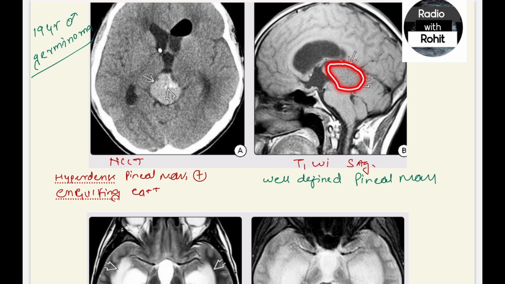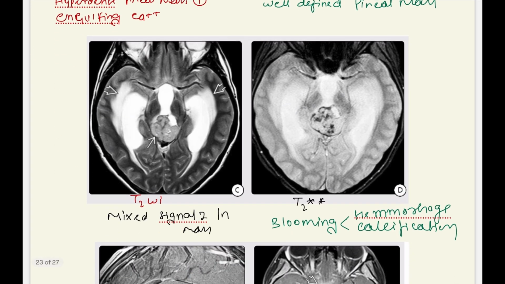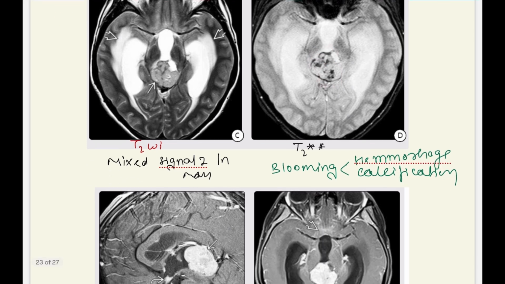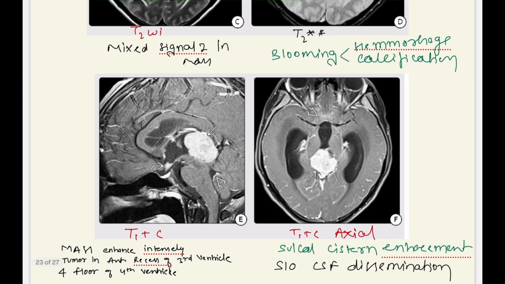The T2 weighted image has mixed signal intensity with areas of hyper to hypointensity. Blooming is present on the GRE sequence, indicating either calcification or hemorrhage inside the mass. Here we can see intense enhancement in the post contrast study.